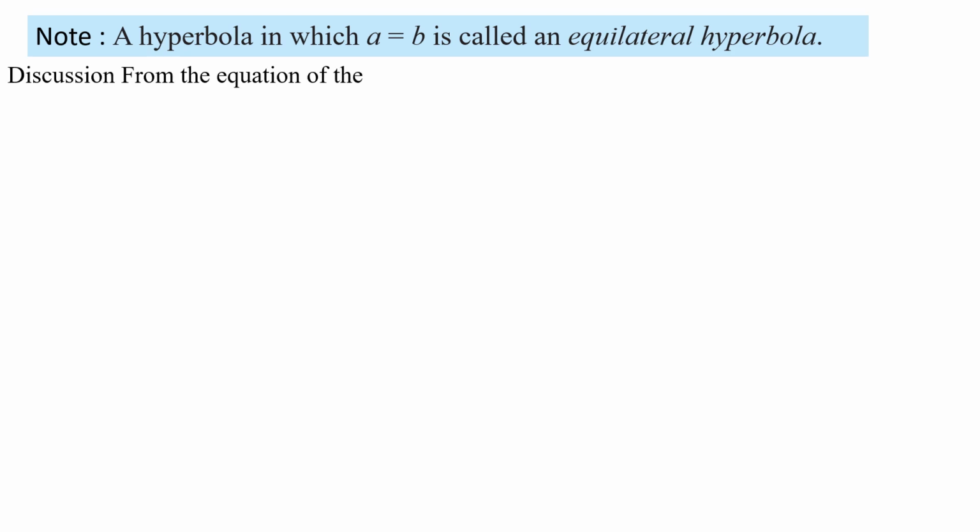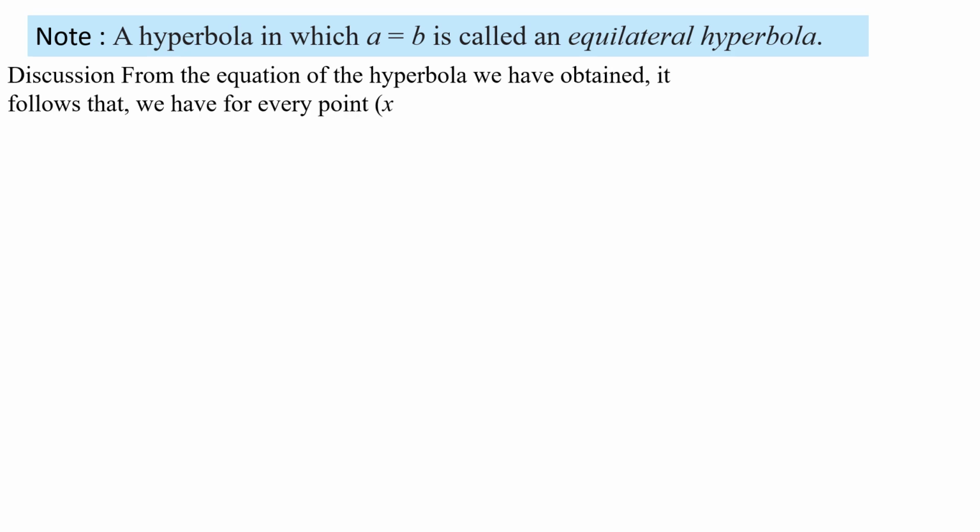Now, discussion from the equation of the hyperbola we have obtained. It follows that for every point x comma y on the hyperbola, x square by a square minus y square by b square is equal to 1.